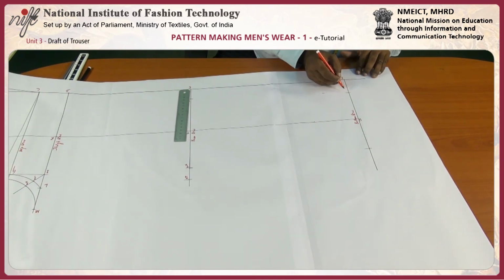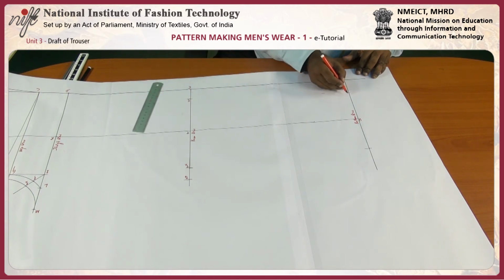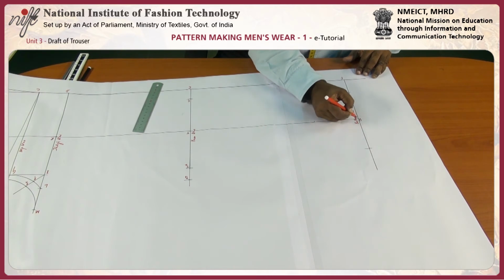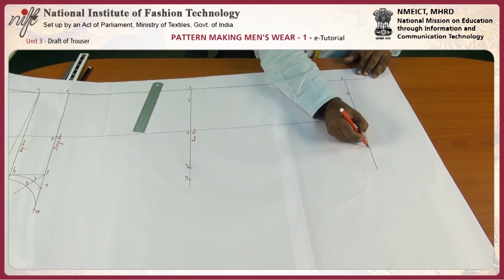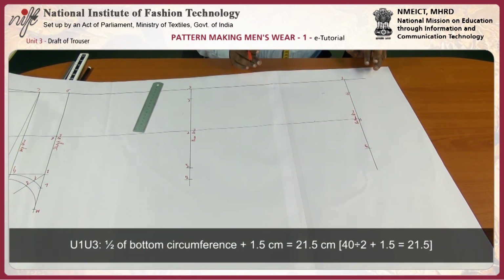This will be point U1. And this will be point U2. U1 to U3, half of bottom circumference plus 1.5 centimeter, total will be 21.5 centimeter.